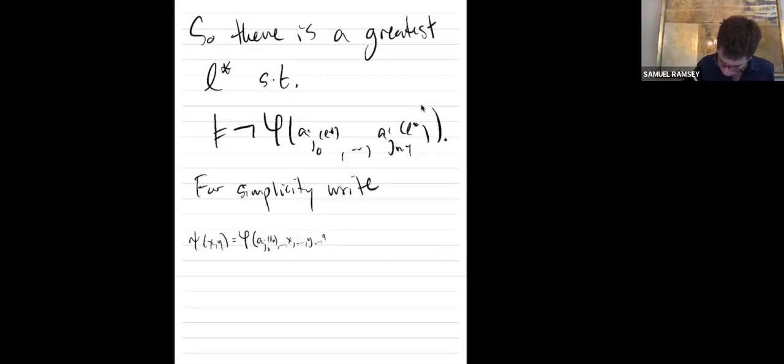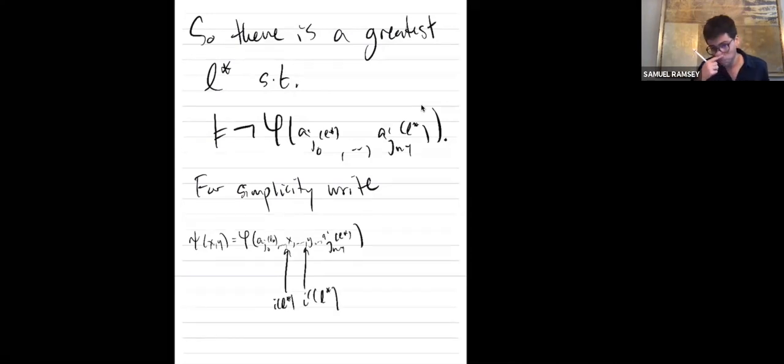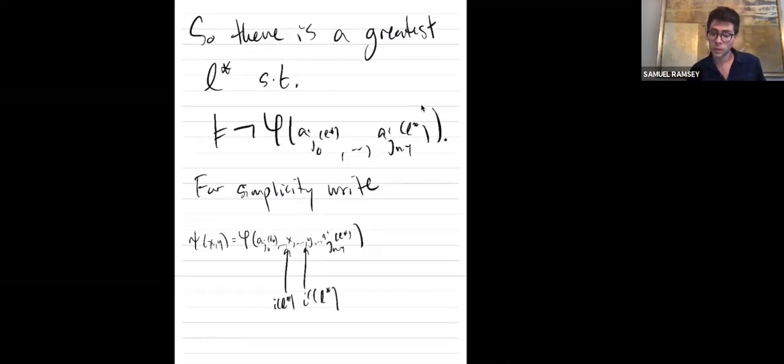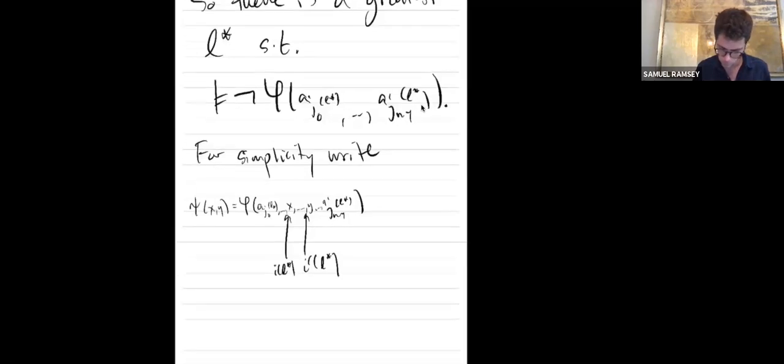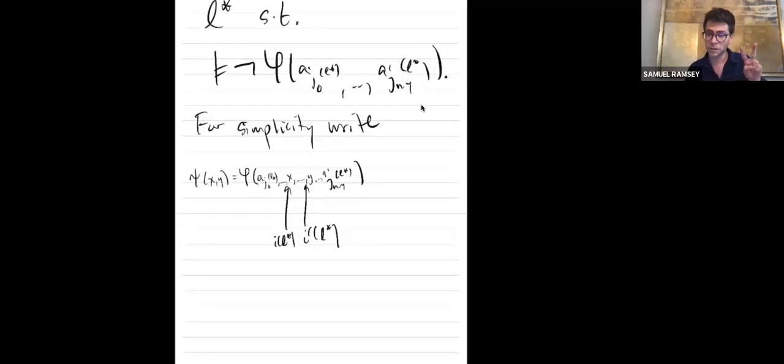And A, J, n minus 1, L star. And these variables, x and y, this one will go, say, in the I L star spot, and this one will go in the I prime L star spot. Okay, so now we've replaced the two things that we swapped with just variables.